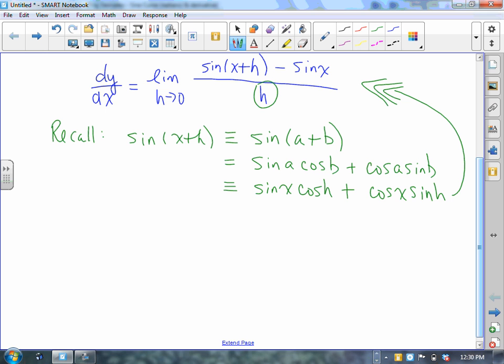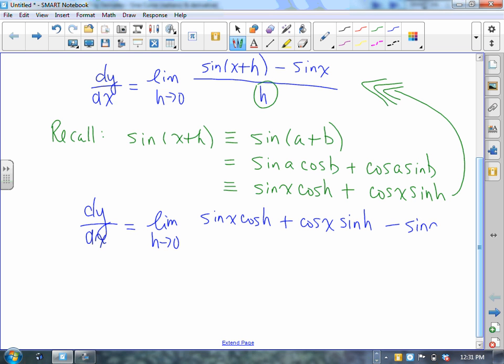So with that being established, we can bring it back into the formula. Let's continue working on this derivative. So dy by dx is the limit as h approaches 0 of, let's substitute this expression in here, sine x cos h plus cos x sine h minus sine x, all over h.